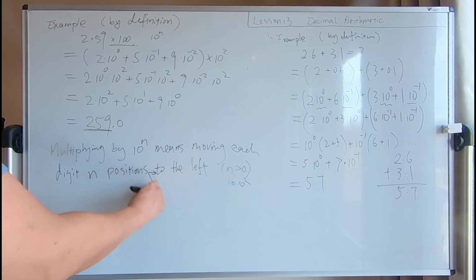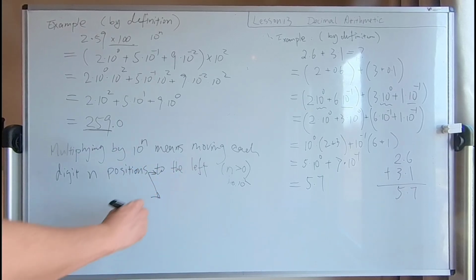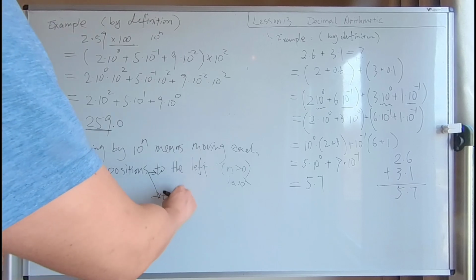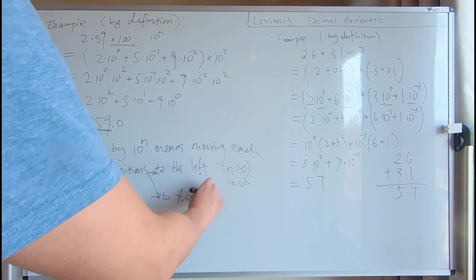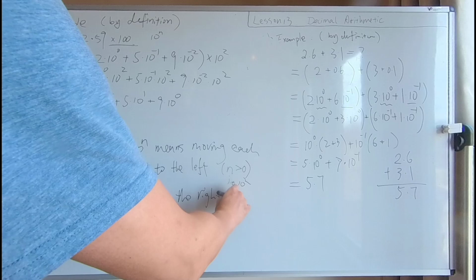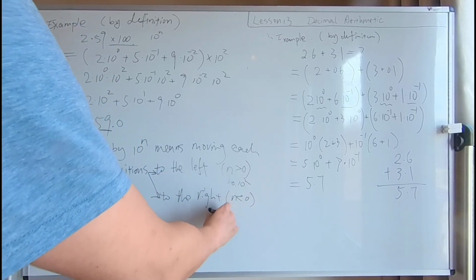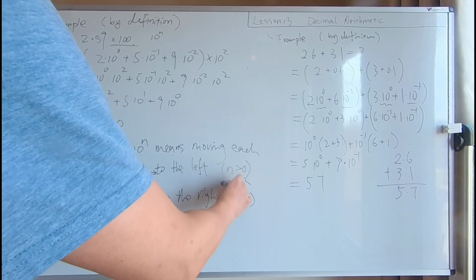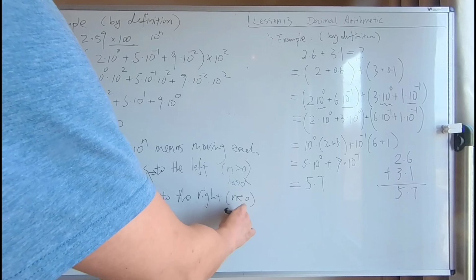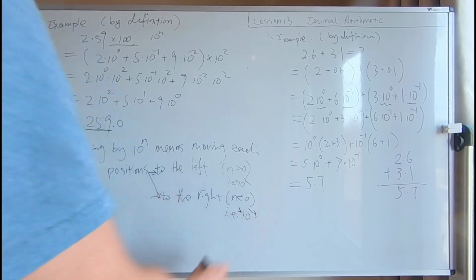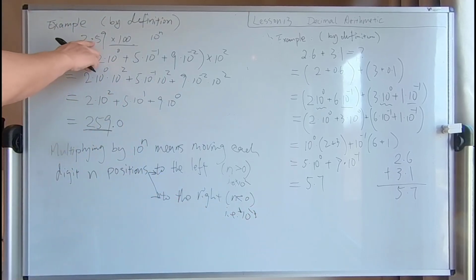Now, similarly, this is also equivalent to moving to the right if n is less than 0. So, for example, if you are multiplying by 10 to the power of -3, it means you're moving to the other side.